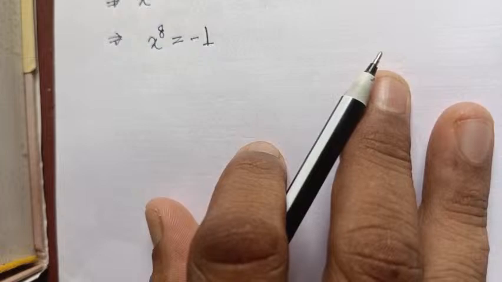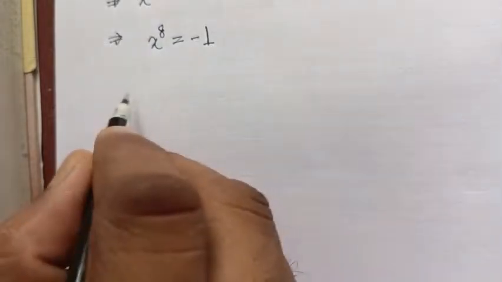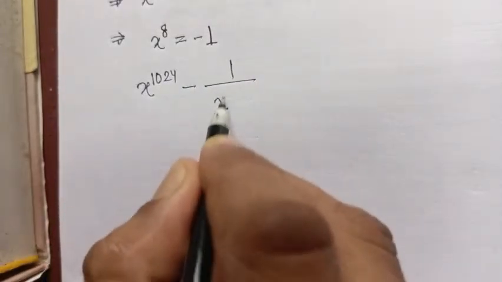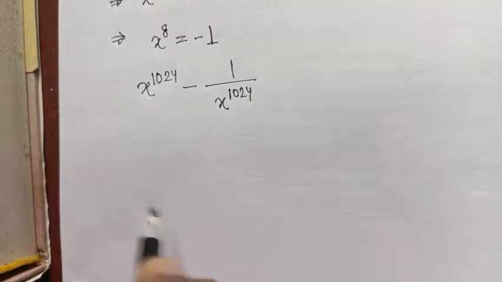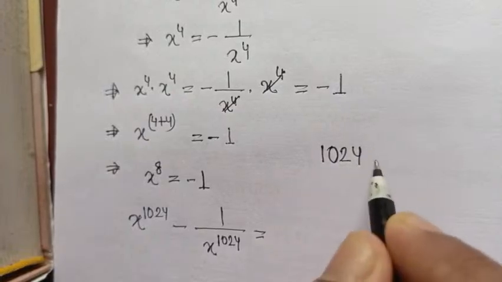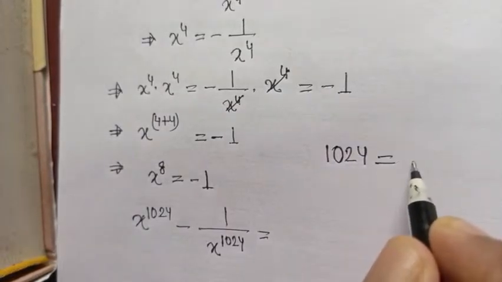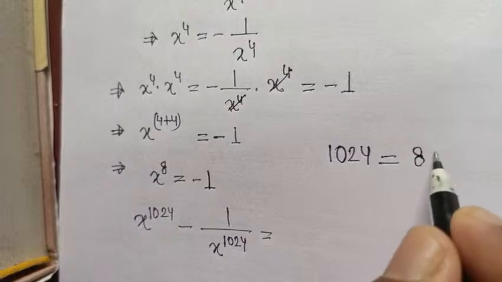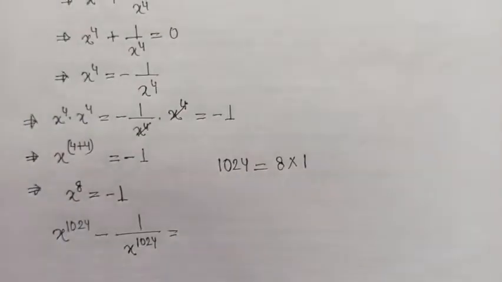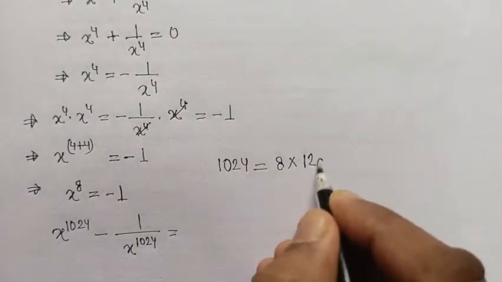Now we have to find out the value of x to the power 1024 minus 1 by x to the power 1024. Previously, if we expand that 1024, this can be expressed as 8 into 128.